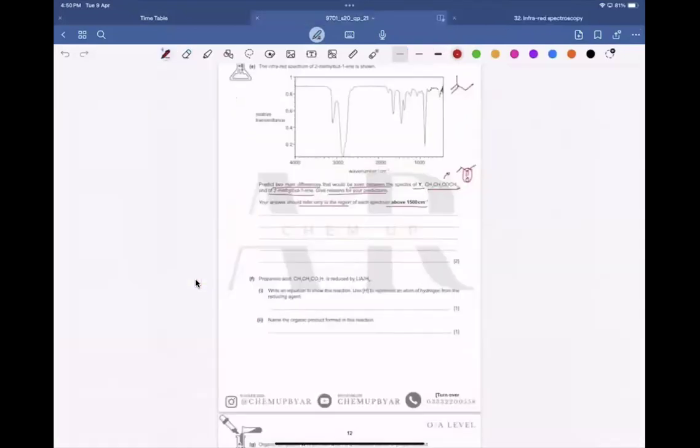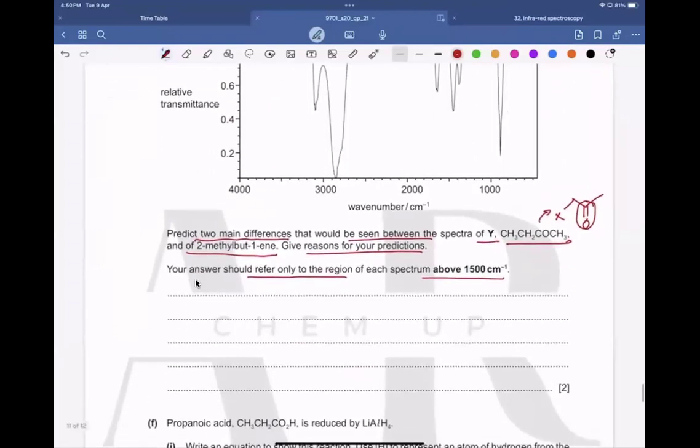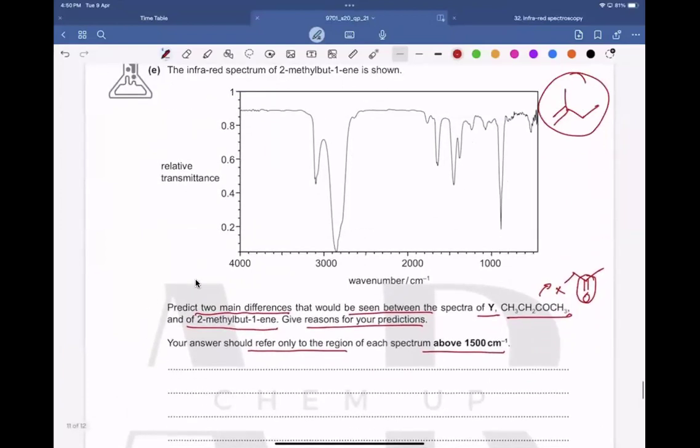So this peak would be observed in this compound, but not in Y, because in Y there is no carbon-carbon double bond. So first I will write: in Y no signal at 3100 centimetre inverse due to C bonded to a hydrogen and that C has a double bond.